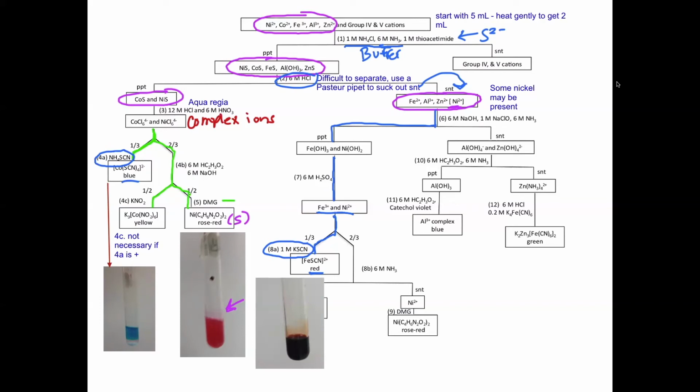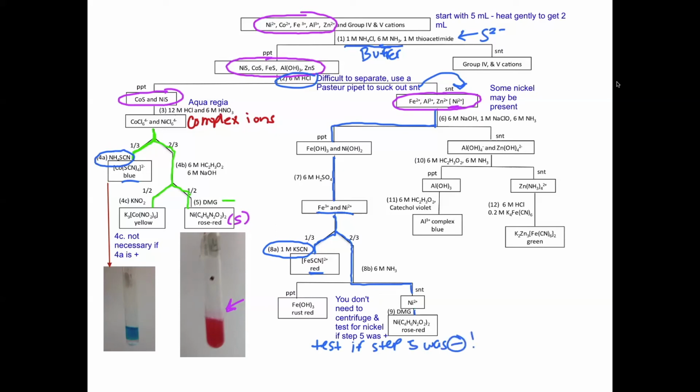If we had a negative test in step 5, we'd want to test for nickel again. Testing for nickel again would give us that rose red precipitate. We don't have to do the centrifuging and testing for nickel if step 5 was positive. But if we had a negative for step 5, we would definitely want to do this.